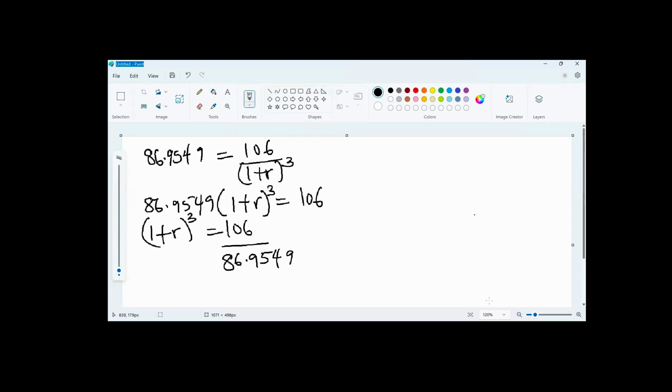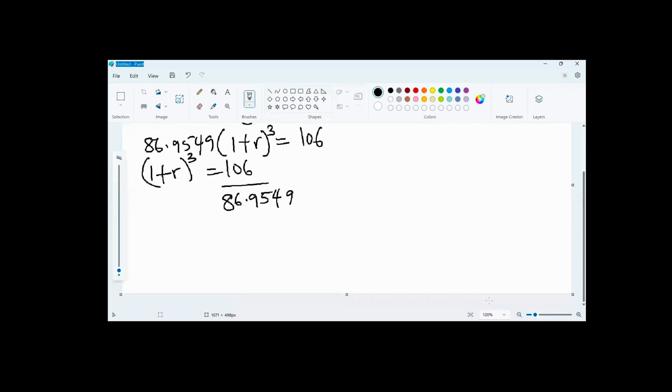Please just keep in view. One plus R raised to power 3 is equal to 1.2190.